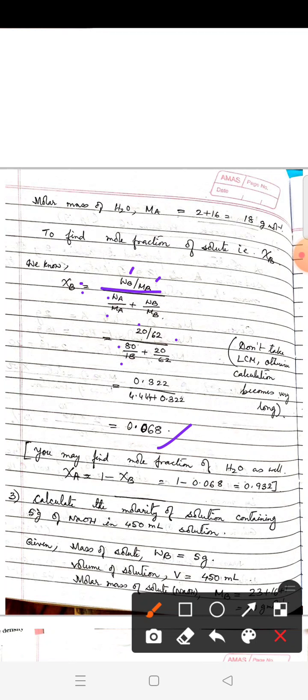Now, if they ask you also to find out the mole fraction of water, you need not go through the entire procedure. What you should do is simply subtract the value of chi b from 1 to get the value of chi a. So I have just worked it out for you. So it is 0.932 after subtracting from 1. So that's how we have to work out the numericals based on mole fraction.